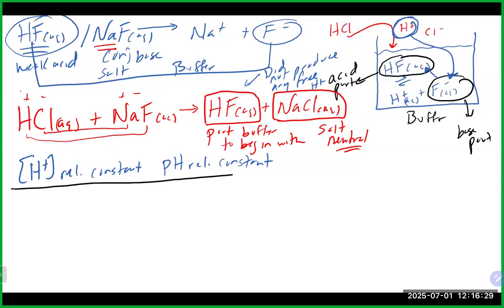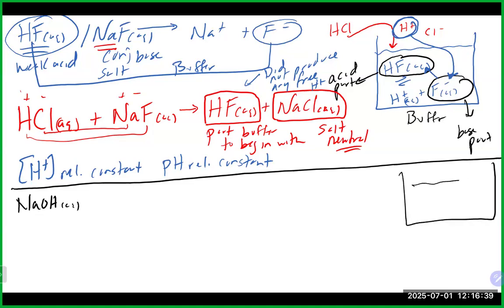So let's say we took our sodium hydroxide and we want to add that to our buffer here. So once again, we have our buffer over here. It's got our equilibrium made up here of our acid part and our base part of the buffer.